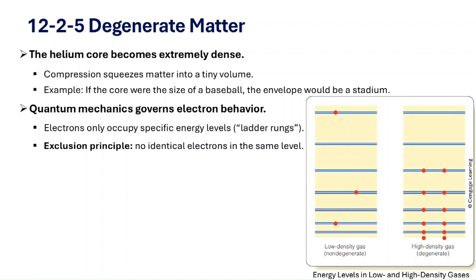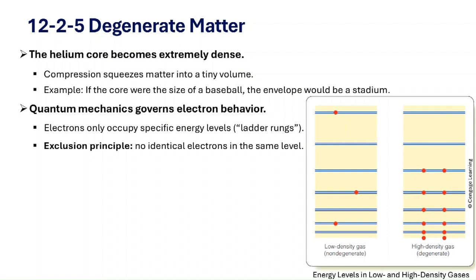So in a degenerate core, almost all the lower rungs are filled, and electrons cannot just move freely as they would in a normal gas. Now here on the left, low density gas has many open rungs, and on the right, high density degenerate gas has nearly all lower rungs filled, which causes the unusual properties we are about to discuss.